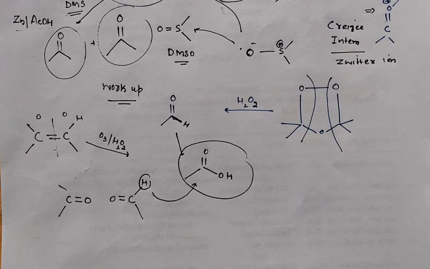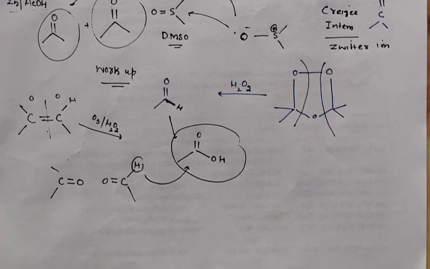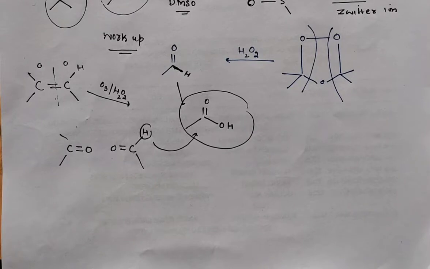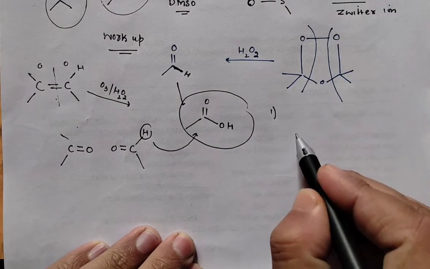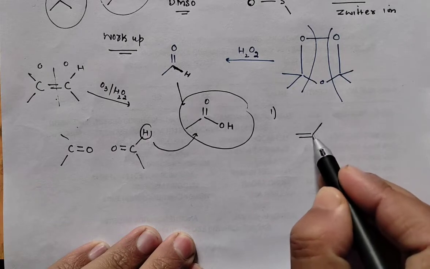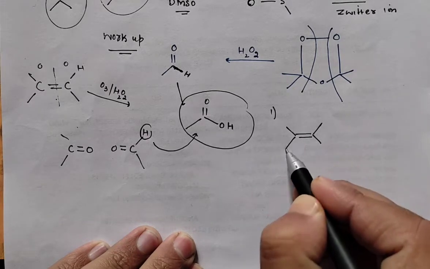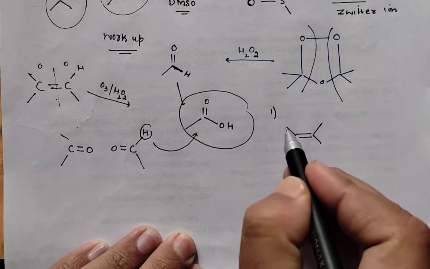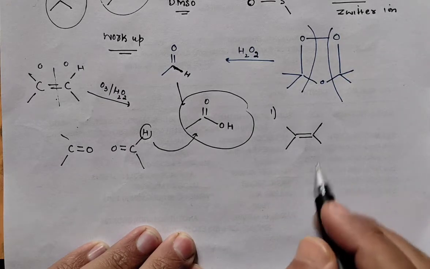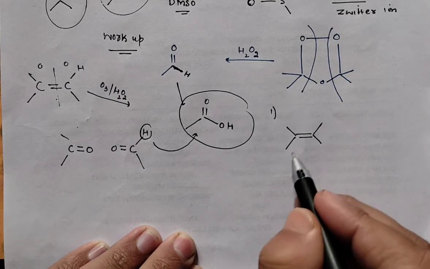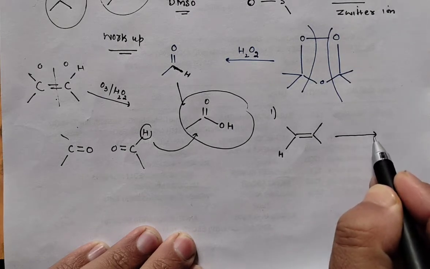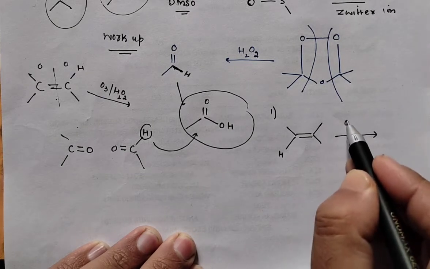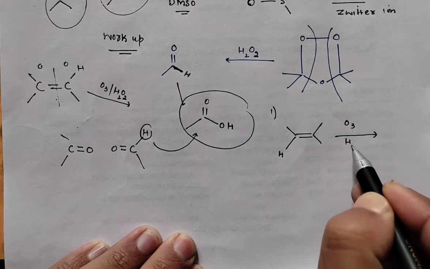Now let's do some of the transformations. So this was the basics. Let's do some of the transformations. For example, if you have a compound like this, and you are asked, let's say you have H here, and then it's shown like this in your exam, ozone here and peroxide here.